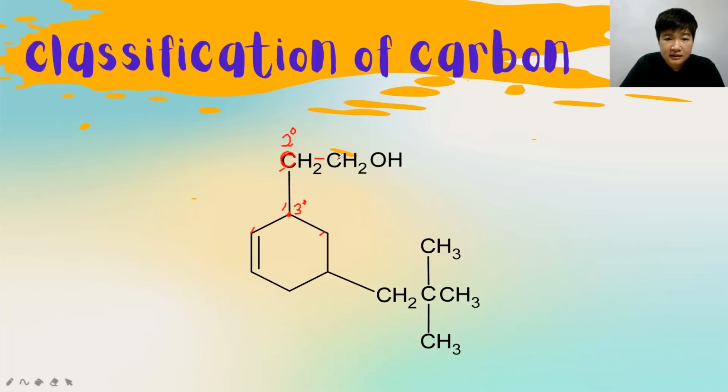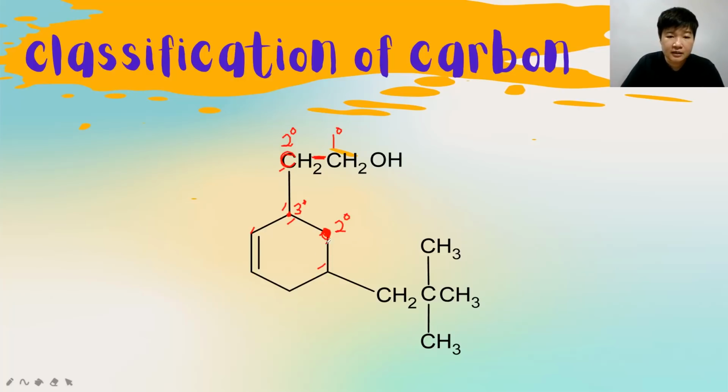This last carbon over here is a primary because this carbon is only bonded to 1 carbon. Next, the carbon over here is a secondary carbon because it's bonded to 2 carbon.